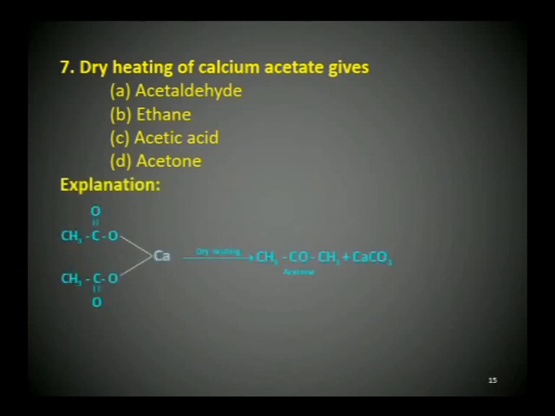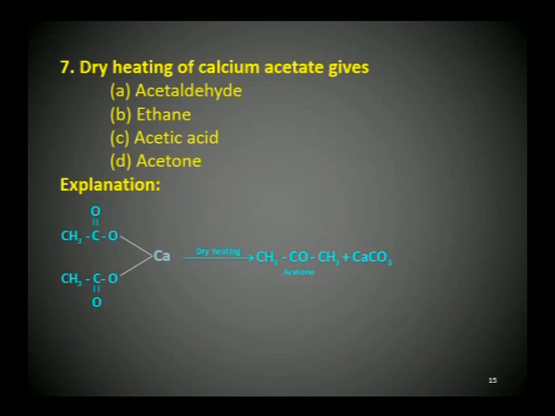So, you can see the reaction on the screen. When calcium acetate, (CH3COO)2Ca, is going for a dry heating or a dry distillation, you can clearly see that acetone is produced.